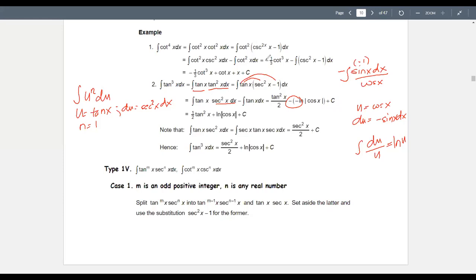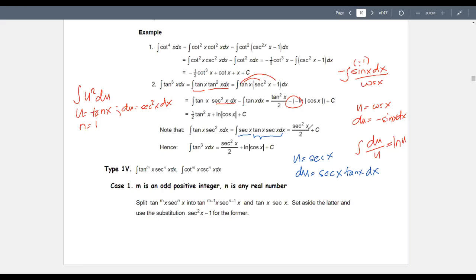If your u here is the secant of x, this entire thing here will be your du. Du is secant x tangent x dx. That's the derivative of the secant. So meaning, for this one, you can have the power rule applied. So you have secant squared of x divided by 2 plus c.